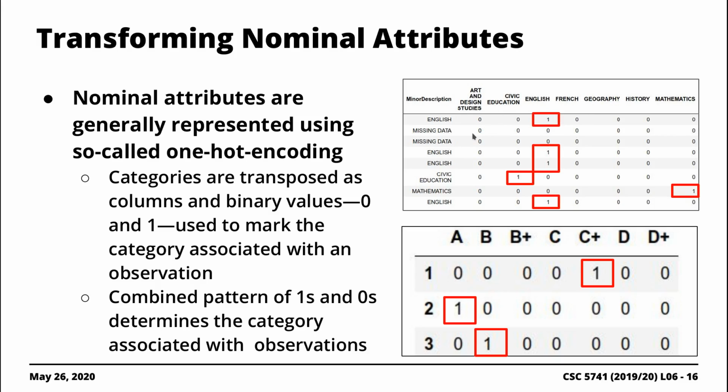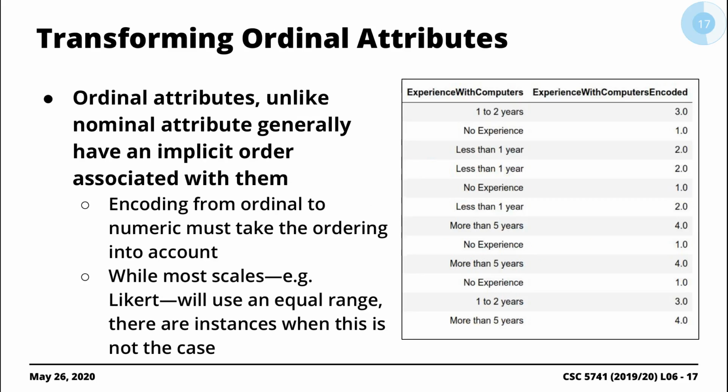So if a flag appears under art and design, then you know that that particular observation is associated with that particular value of the attribute, right? So the pattern of ones and zeros will determine which label is going to be associated with the observation.